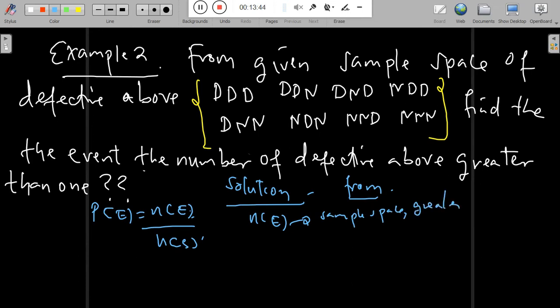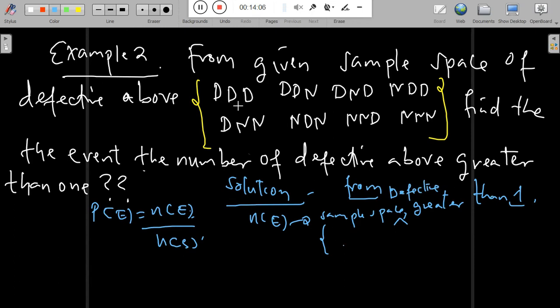So we identify the number of events. Since we are looking for more than 1 defective, we look for outcomes with two or more Ds, not only one D.